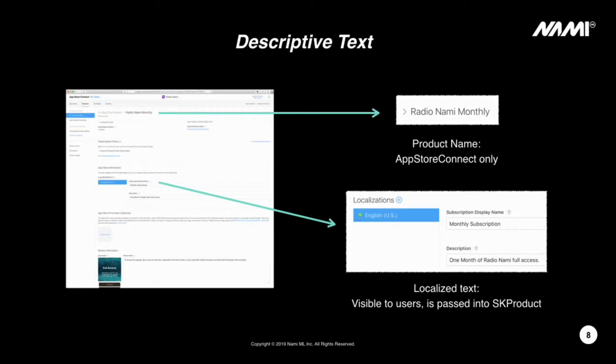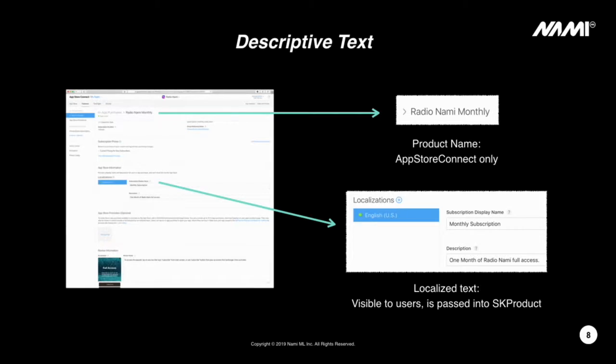The other thing that can go in here is the display name and description. These are things that would actually go out through the App Store as it prompts users to buy something or shows what they've already purchased. So it's a good idea to keep an eye on how you name these things and make them clear to people, because real users will actually be seeing this text.